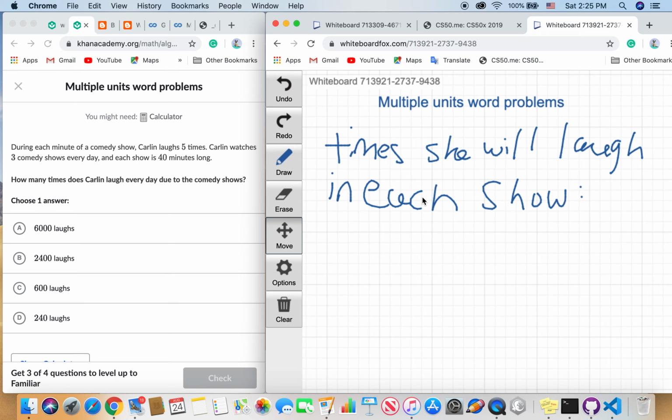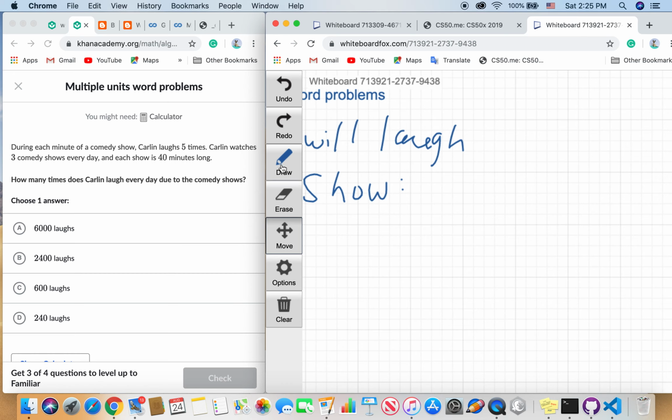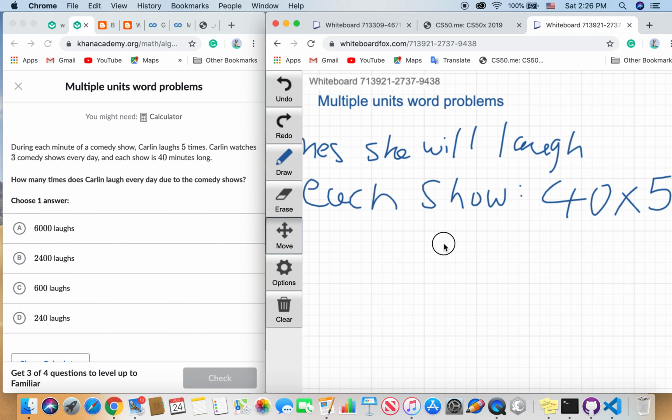So how do we solve that? Well, it's quite easy. Basic algebra. Just multiplication: 40 times 5. I've got 200. So he laughs 200 times in each show.